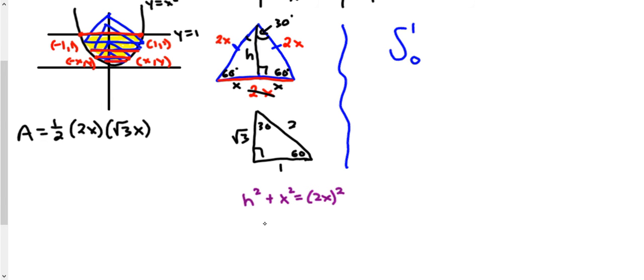Bring this x squared over and subtract it, and we get h squared is 3x squared. Take the square root of both sides, and h would be the square root of 3 times the square root of x squared, which is x, or square root of 3x. So now we've got the area of one of these triangles is just going to be the square root of 3 times x squared.